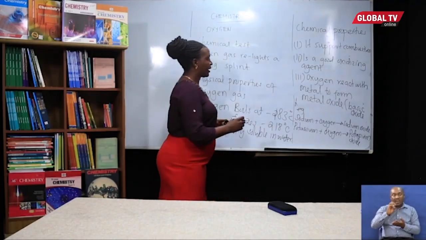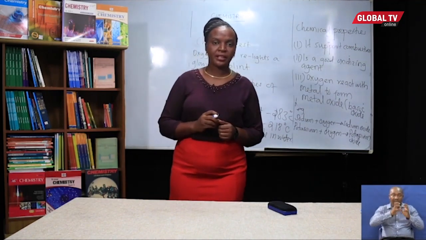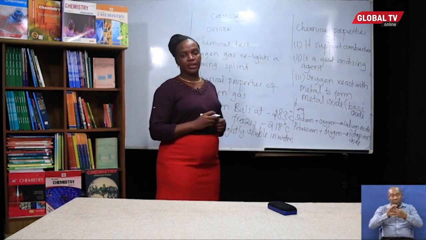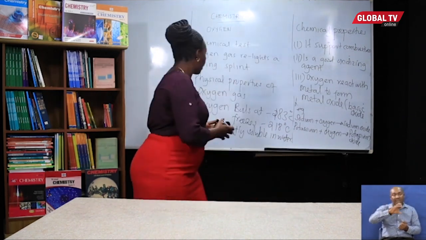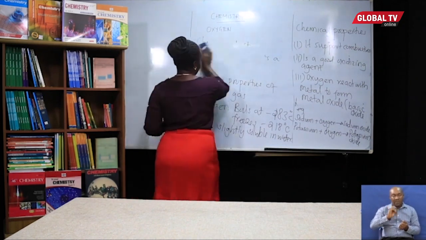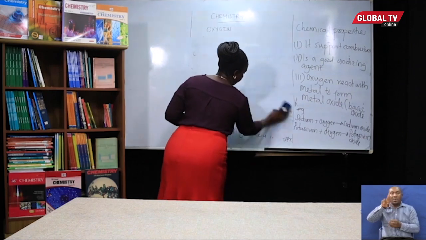That is another chemical property. It reacts with metal to produce basic oxide, or metallic oxide. Another chemical property, the last one, is the reaction between oxygen and non-metal.